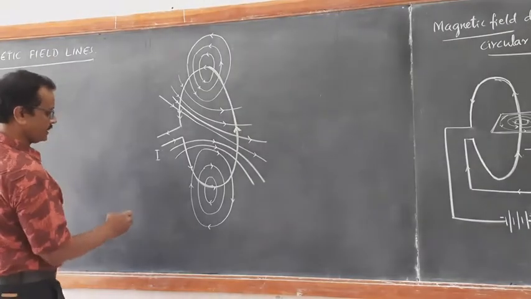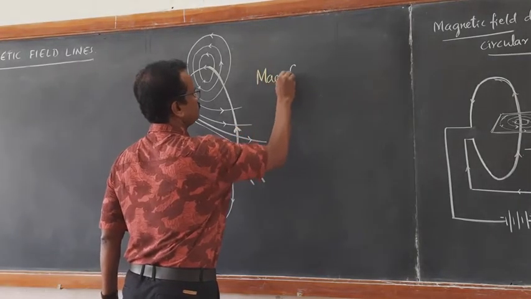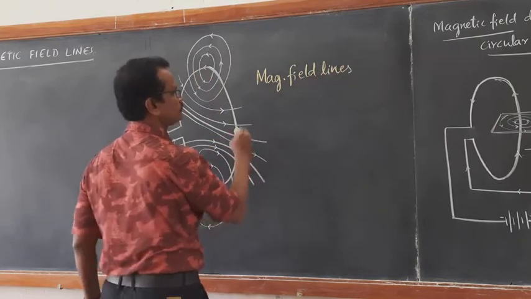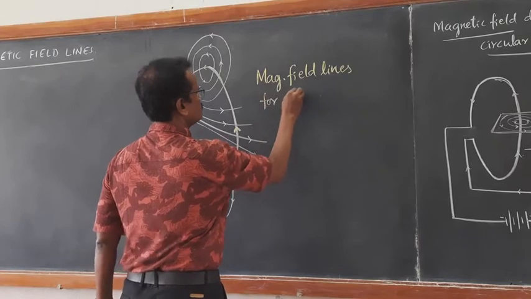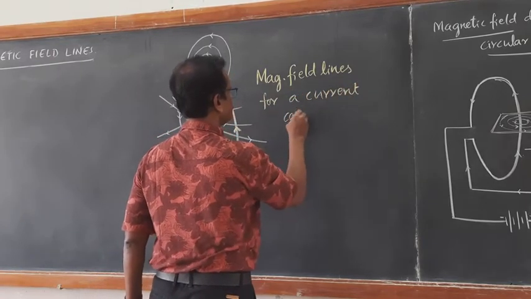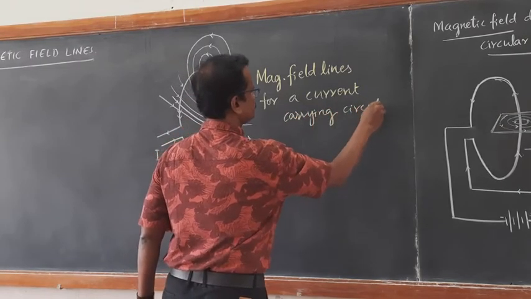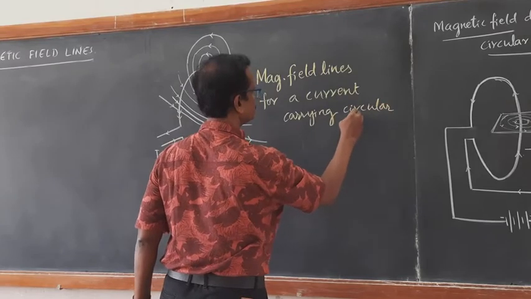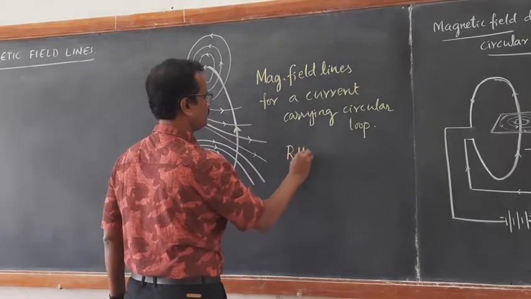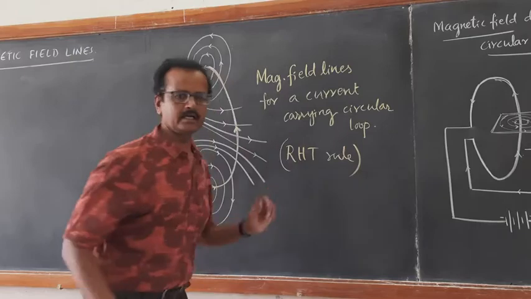These are the magnetic field lines of a current carrying circular loop. Again we make use of the right hand thumb rule.